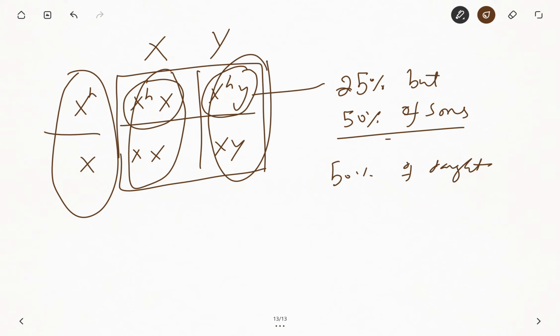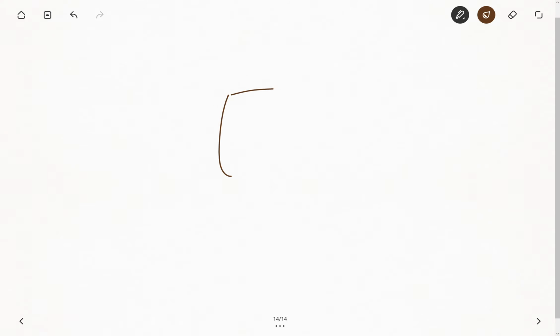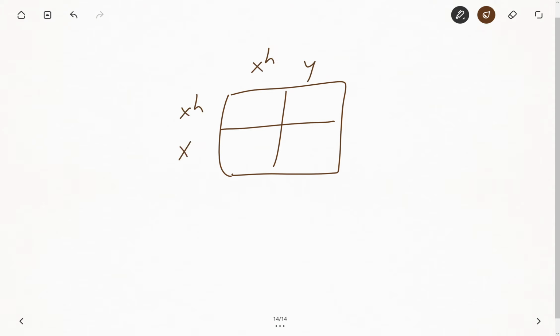Now, this is what happens, and this can change in different conditions. For instance, as we said, a female will only manifest the condition if she is homozygous, and how will it happen? It will happen only if the father is affected and the mom is a carrier. So we have a combination here for hemophilia, let's say, and this is XHY, and again we have a carrier here.